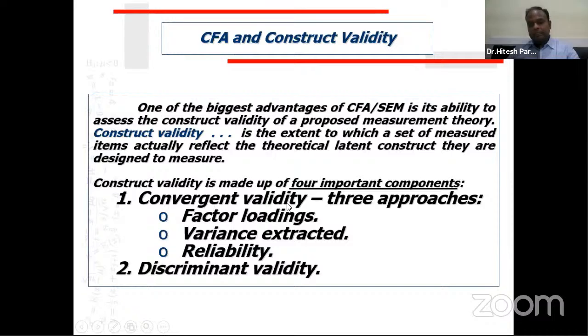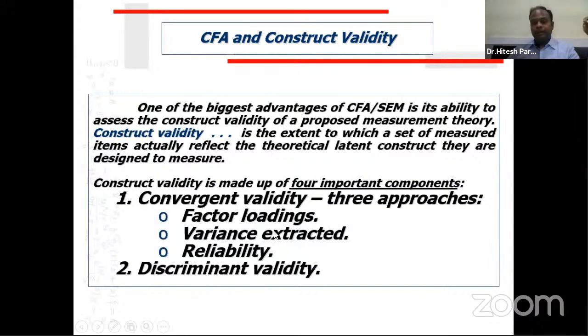For convergent validity, we require 3 things to check. First is factor loadings. Second is average variance extracted. And third is reliability.